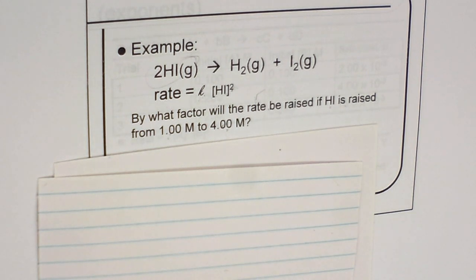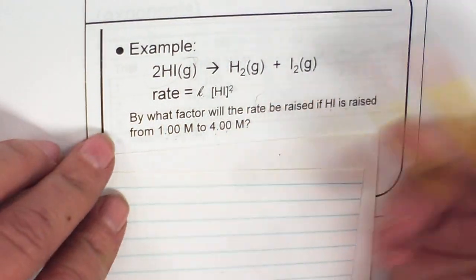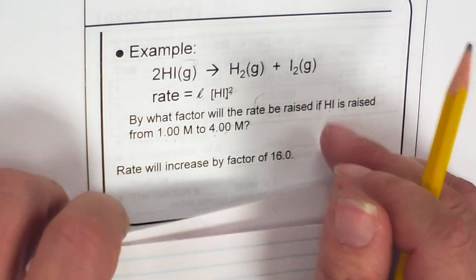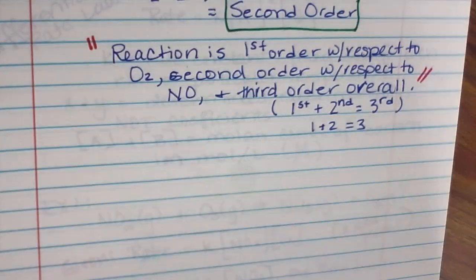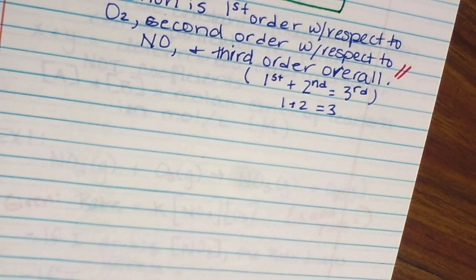Because this is squared, we're going to increase this by 4, which means it's going to go up by 16. Because it's going to be squared, right? Everybody okay? Okay, next.